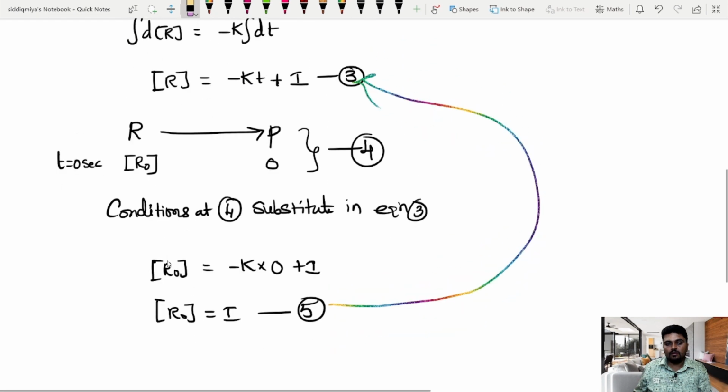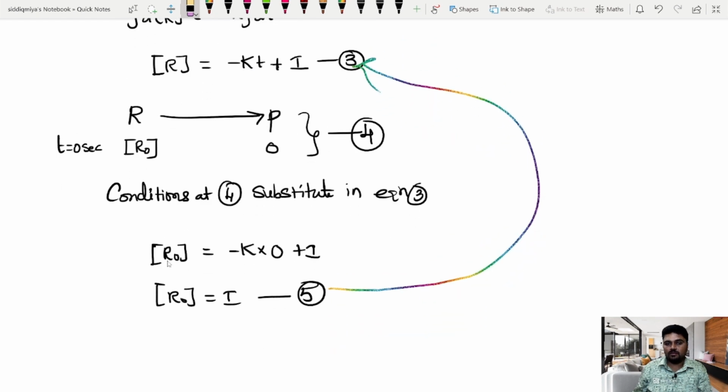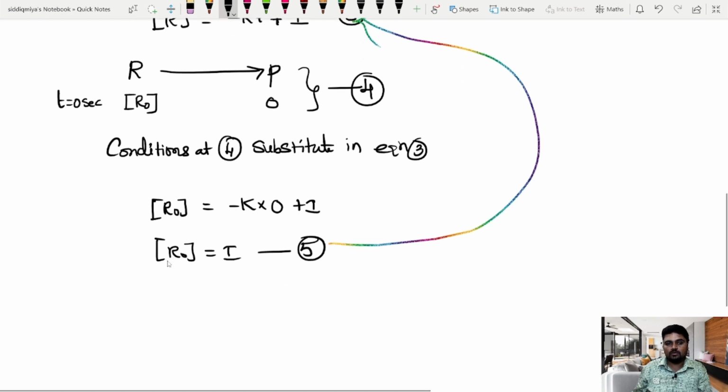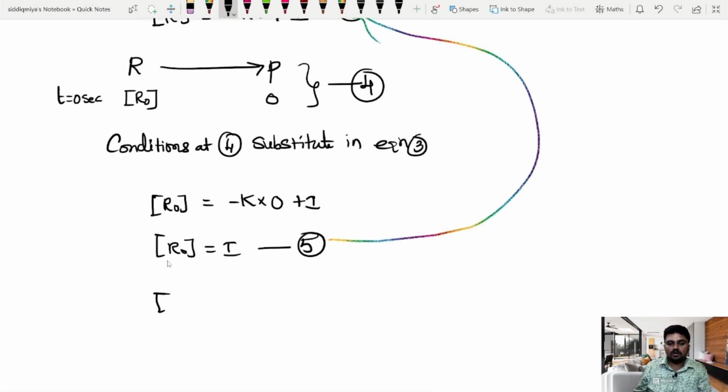Instead of I you can keep R naught. So what can we write here? R is equal to minus kt plus R naught.